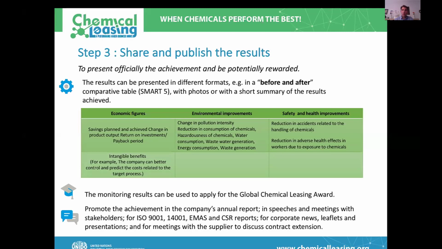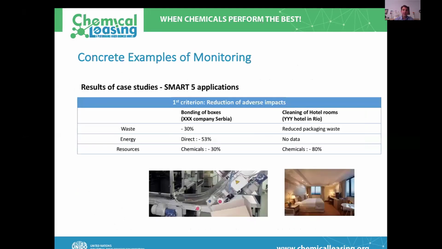With this, you are doing your main job, and if you are successful, you can apply for a Chemical Leasing Award and then promote this achievement if you want. Of course, we don't push our partners to come forward and say what their achievements are, but it is always good to inform the local community, your government, etc.